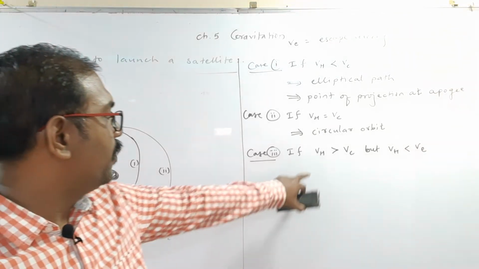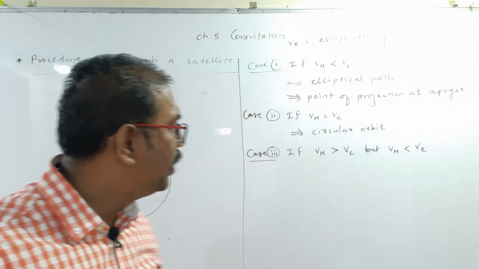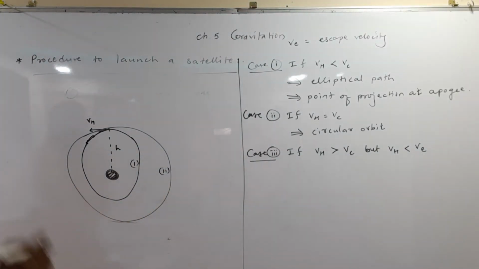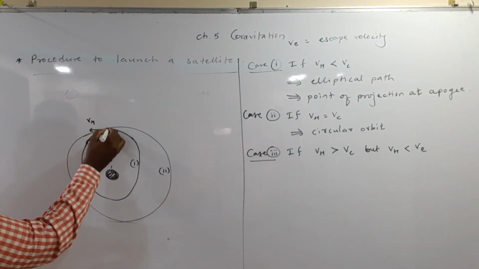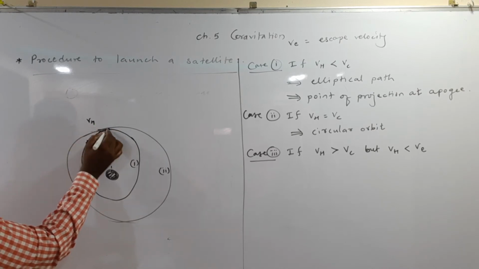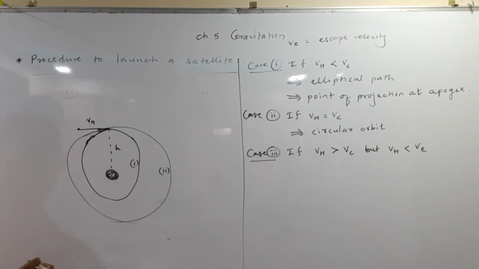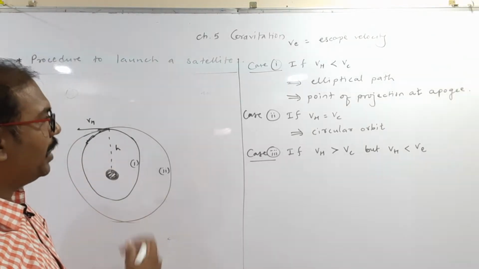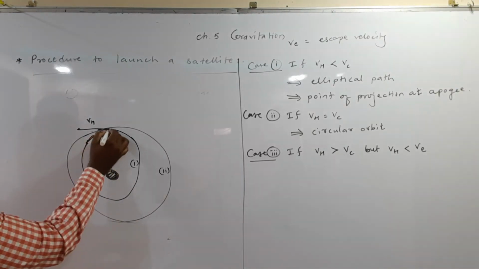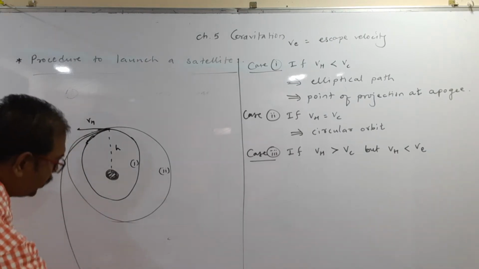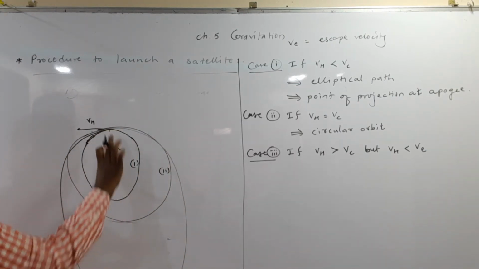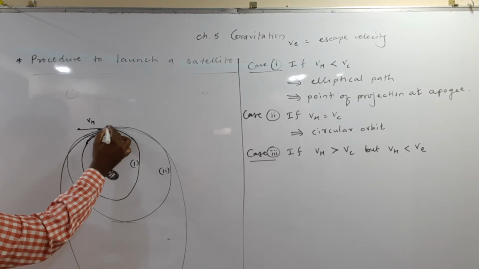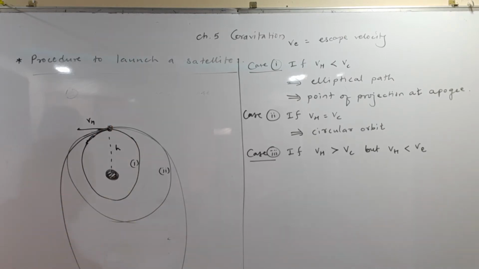Sorry, here if horizontal is greater than critical but horizontal is less than escape, then it follows again an elliptical path. This point of projection is at perigee, at the closest point, and this point is the farthest point.